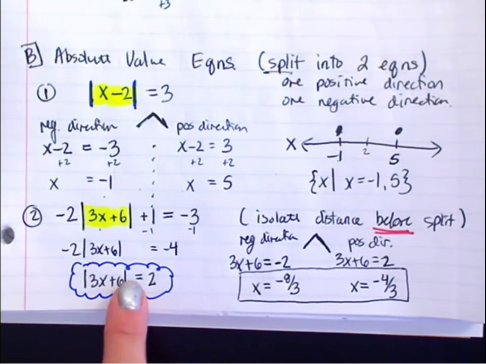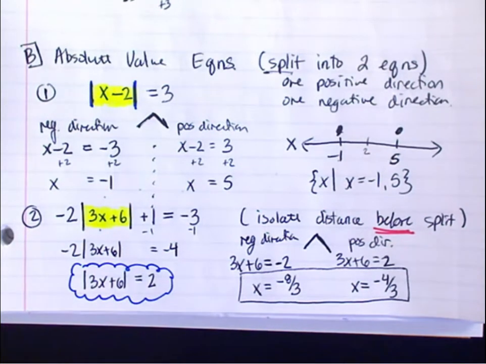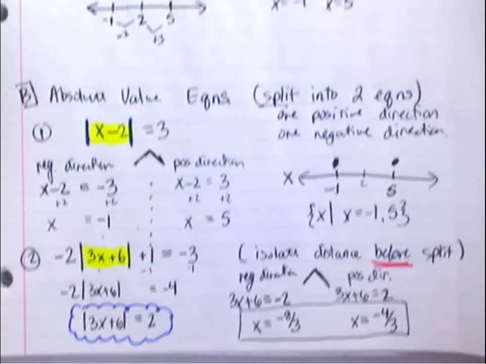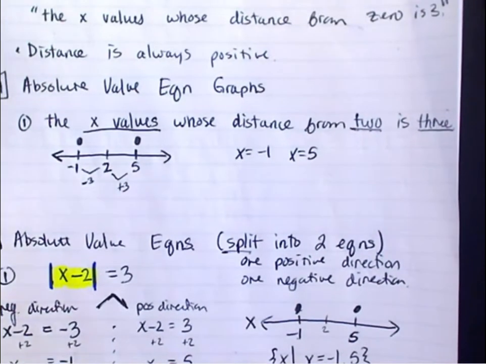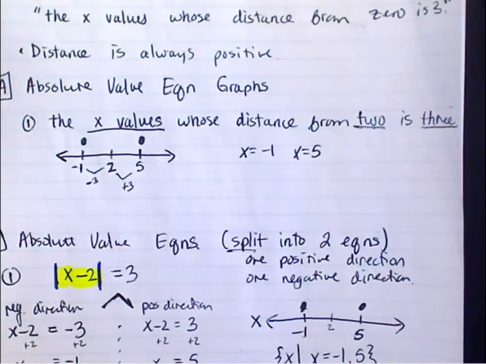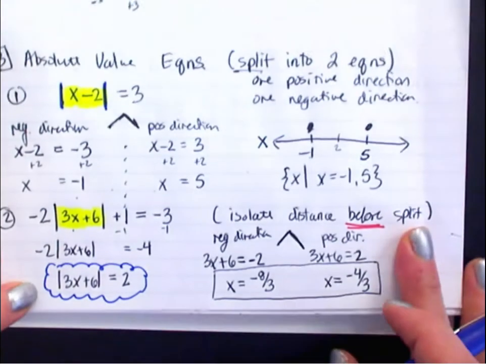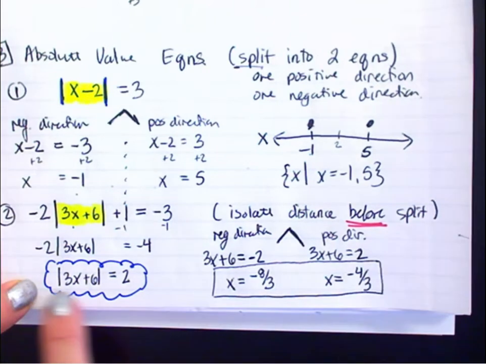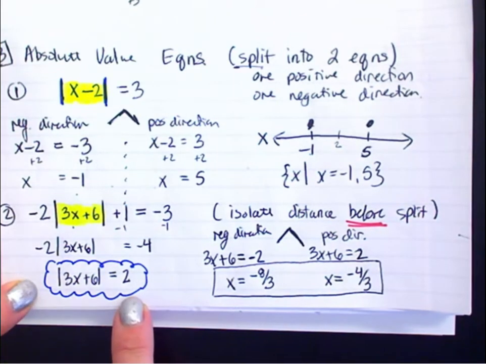The distance is 2. Does that sentence make sense? The distance can be 2. Can distance be 2? Yes. Okay. Distance is always positive. So that step right here, right before I split it, it needs to make sense.